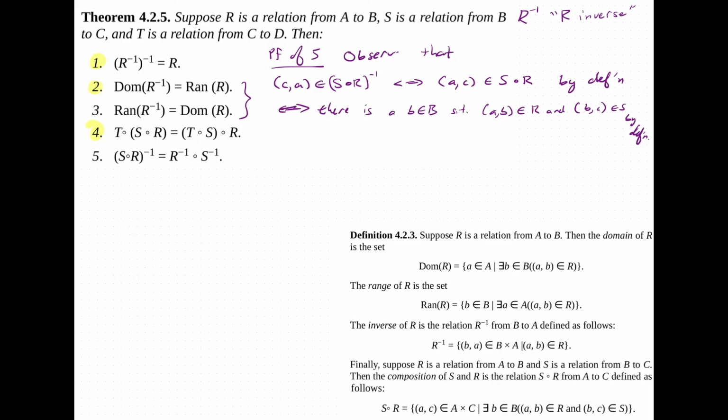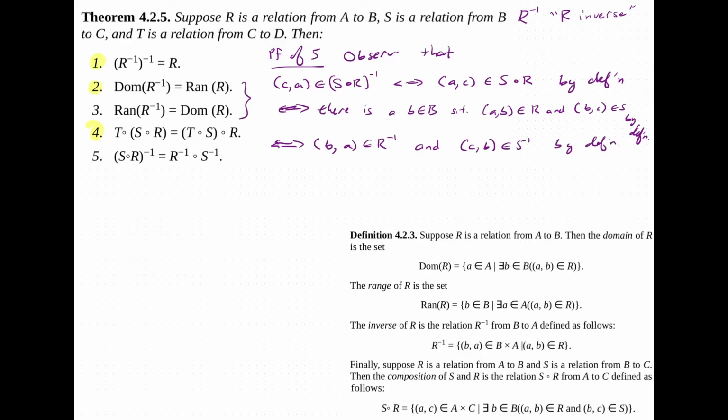The next thing we are going to do is flip these around and apply the definition of the inverse of R and the inverse of S. And so now we have that B, A is in R inverse and C, B is in S inverse, by definition.